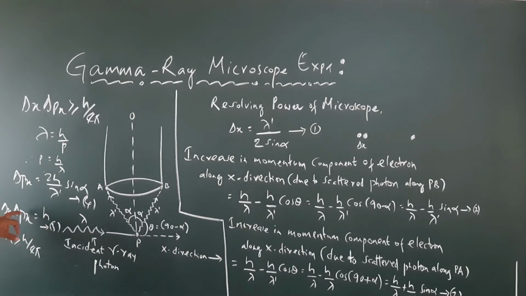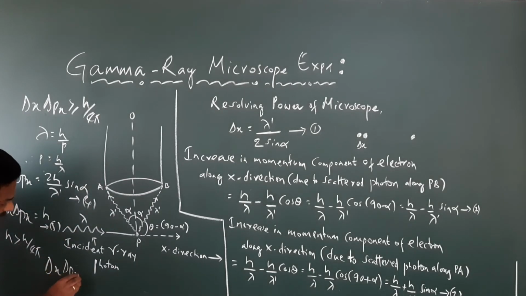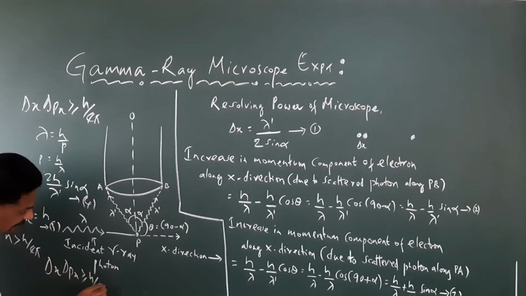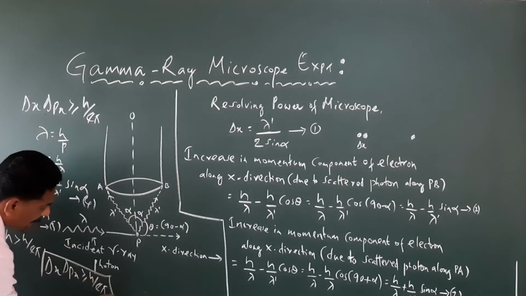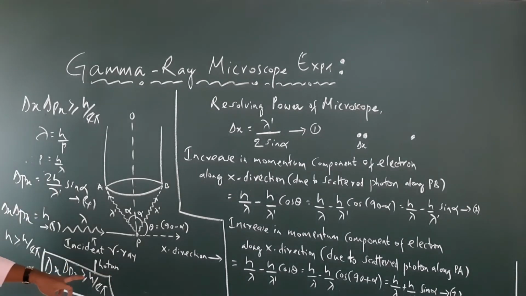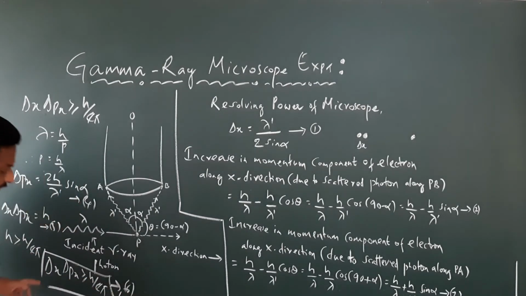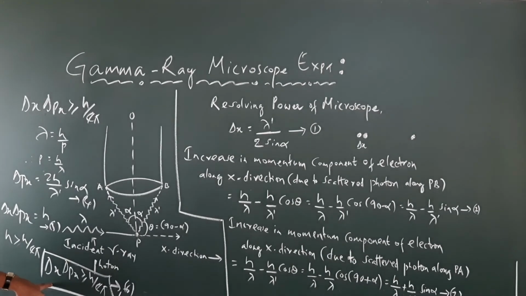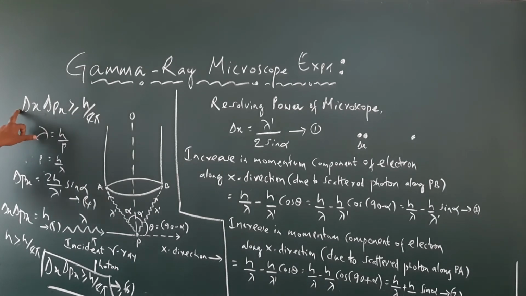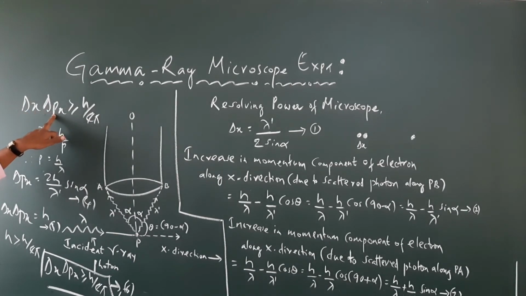Therefore, we can write equation 5 as delta x into delta px greater than or equal to h divided by 4 pi. What is this equation? This equation is nothing but the Heisenberg's uncertainty principle. Delta x is the uncertainty in the measurement of position, and delta px is the uncertainty in the measurement of momentum, and their product is always going to be greater than or equal to h divided by 4 pi.